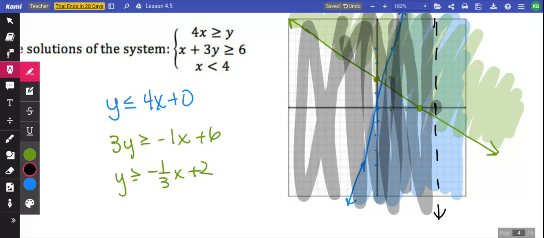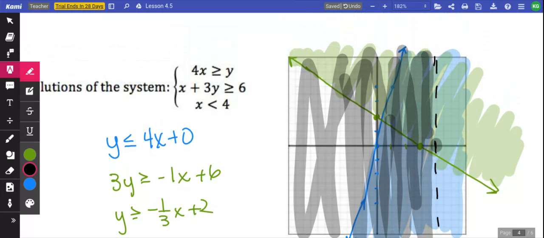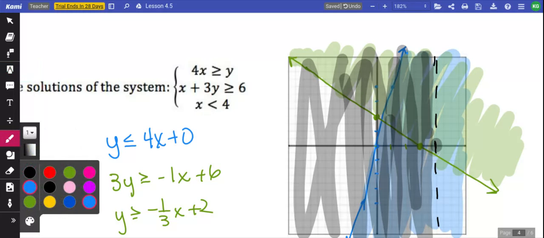So since I zoomed this one in, it's a little bit easier to see where they all cross. So it's this shape up here. So that would be our answer there.